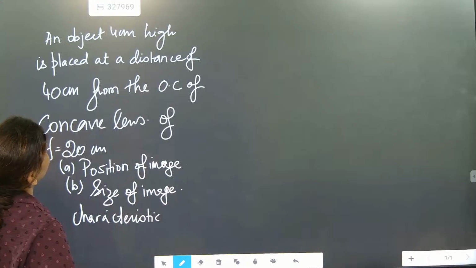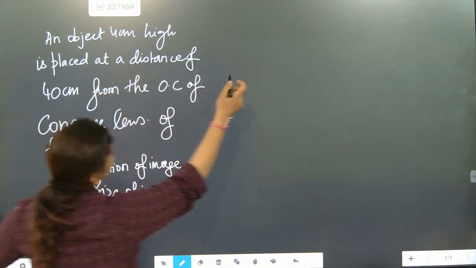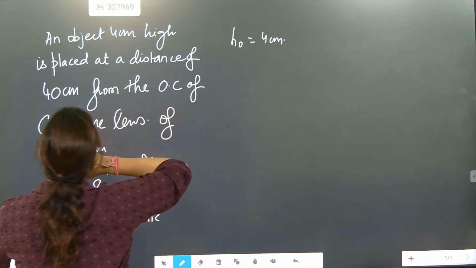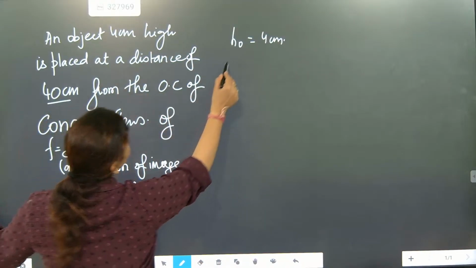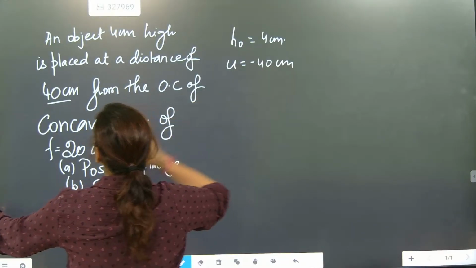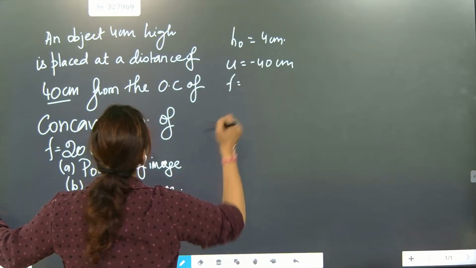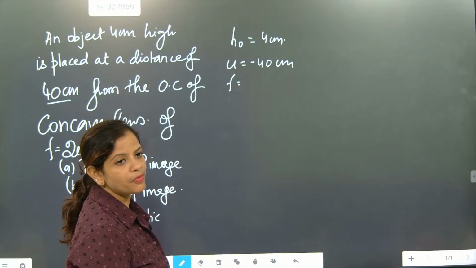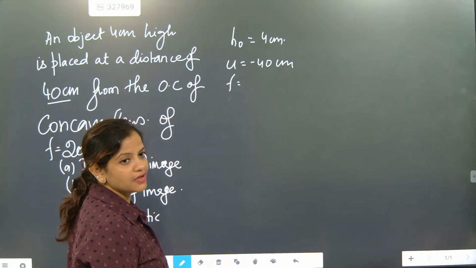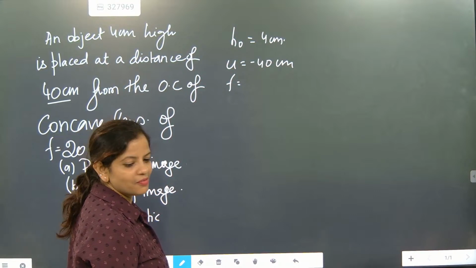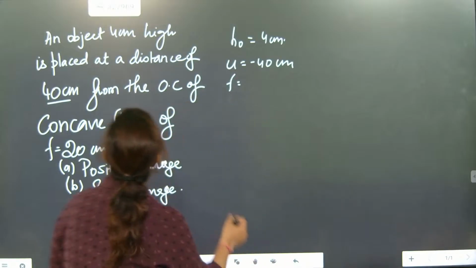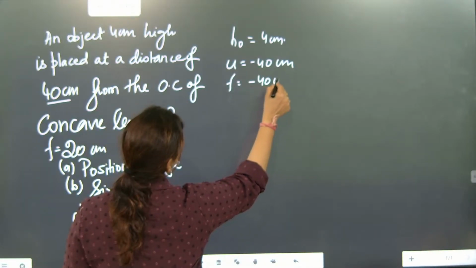Now look here. Object size, the height of the object, is given as 4 centimeter. Now the prior information: object distance u will be equal to minus 40 centimeter. Now we have to find the image distance. For a concave lens, will the focal length be positive or negative? Focal length will be negative, so focal length will be minus 40 centimeter.